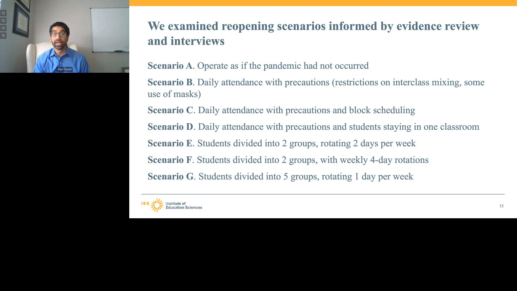The idea of this scenario is to take advantage of the virus's latency period. And finally, scenario G is a further reduction in in-person classes, where students only attend 1 in-person class day per week.